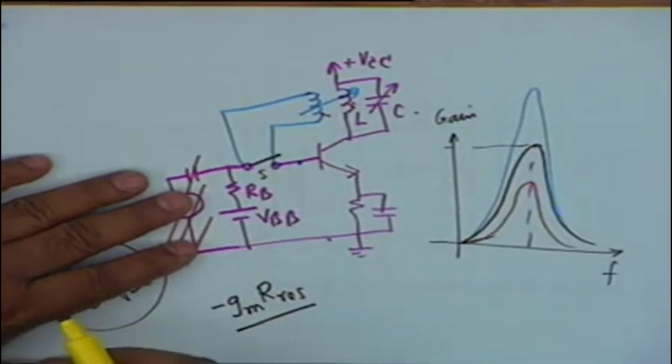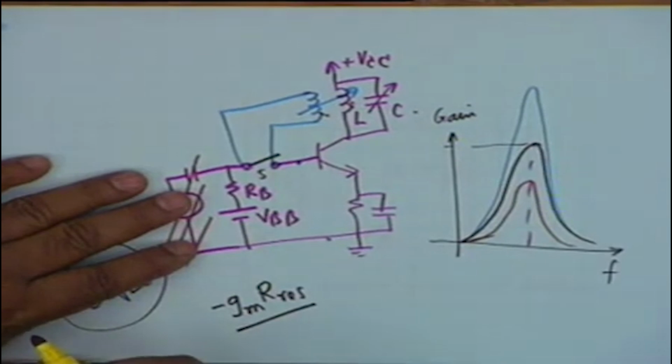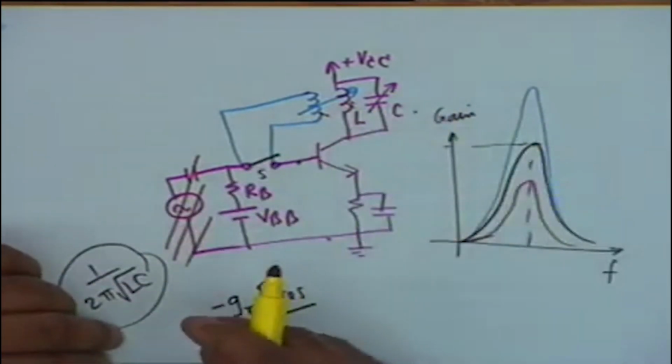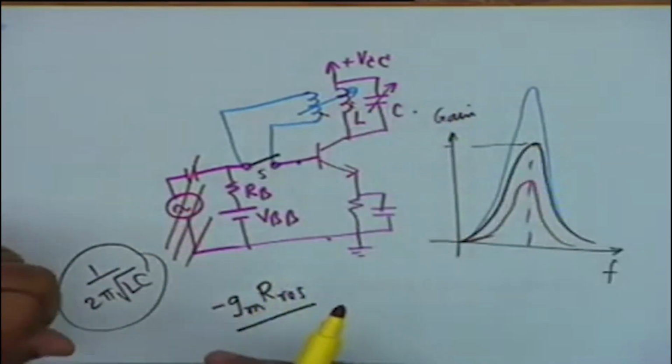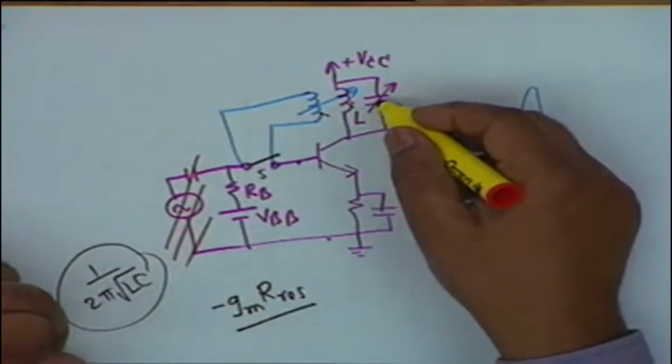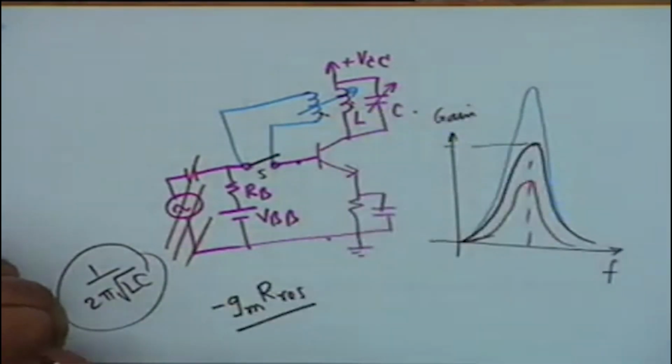This is how one generates sinusoidal frequencies. Such an oscillator is called a tuned oscillator, because there is a tuned circuit here, a resonant circuit. A tuned circuit oscillator is not practicable at low frequencies like audio frequency. If you want a 1 kilohertz oscillator, then the values of inductance and capacitance required are very large, and they cannot be obtained from the ready stock in the laboratory.